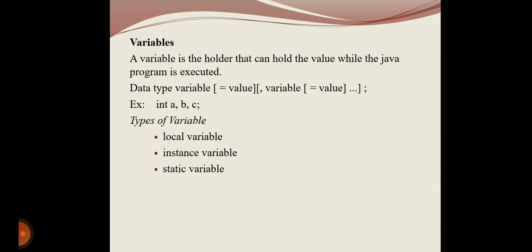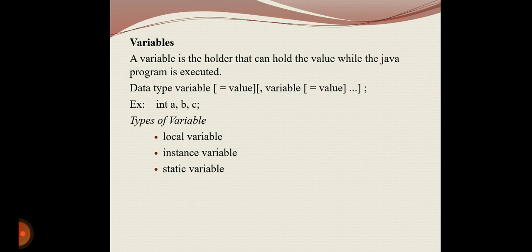Already we have seen about local variable. Elaborately, local variables are defined inside the method. They are created when the method, constructor or a block is entered, and destroyed once it exits from the method.